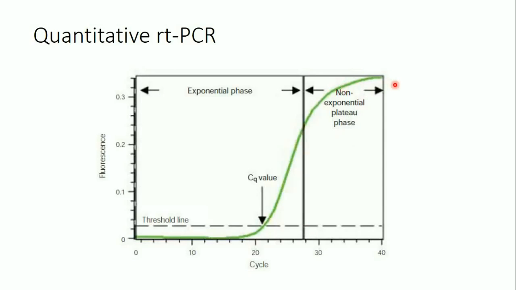Here we have the plateau phase, because after several cycles we don't get any increase in the amount of DNA anymore, maybe because the polymerase becomes inactive after a certain time. And here is the exponential phase, in which the amount of DNA increases exponentially. So this is everything I wanted to tell you about real-time PCR.